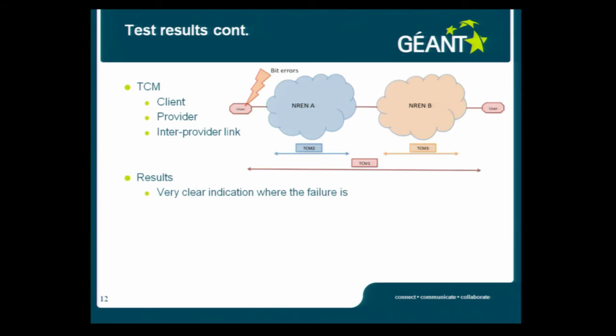And surprise, surprise, there was an extremely clear indication of who was responsible for the errors. Without any doubt, you could say, okay, this is domain A, this is domain B, this is the inter-domain link, or whatever. You knew where the error was. So there was no more pointing fingers, like "it's your fault," "no, it's my fault, everything is fine on my side," and so on.